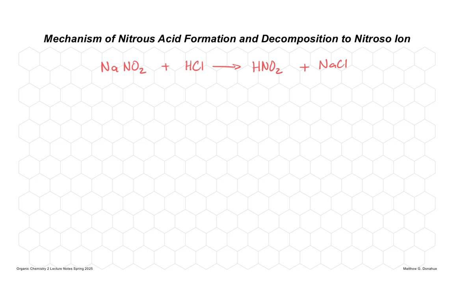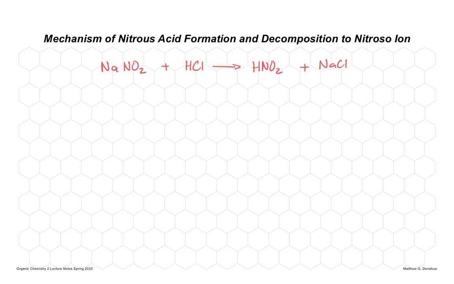So it says a mechanism of nitrous acid formation and then decomposition to nitroso ion. There's going to be a lot of arrow pushing in these next two slides. So overall, we have to get that second nitrogen onto the amine, and then we got to get rid of those H's bonded to the amino group.